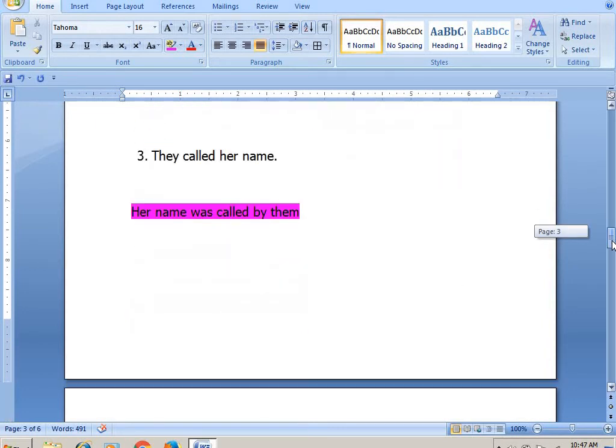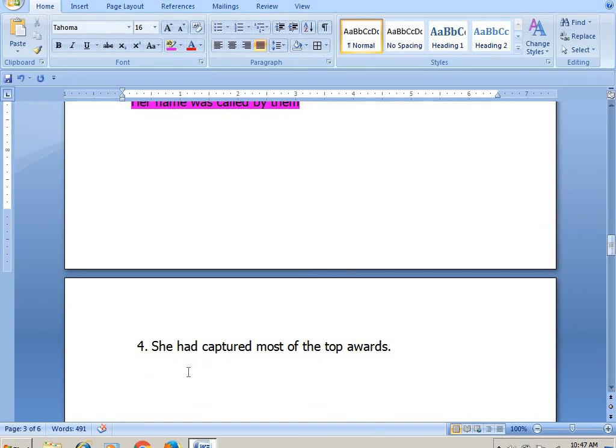Now see sentence number 4. She had captured most of the awards. Now students, what will the answer be? First find out what the subject, the verb and the object are. The object is most of the awards. So begin with that: Most of the awards.